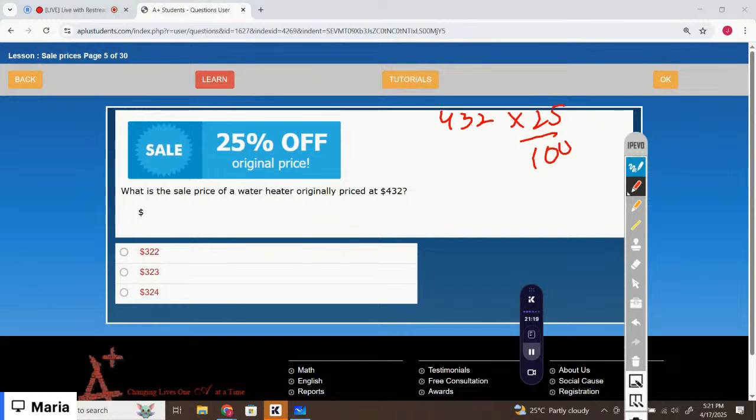Now the sale price is 432 minus 108, that is $324. Option number 3 is the correct option.